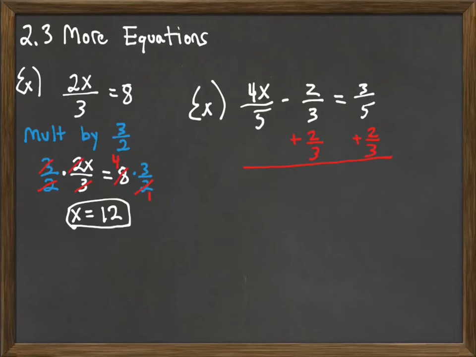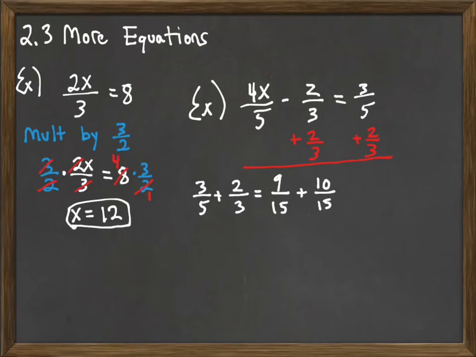Now the difference here is we've got some work to do. With 3/5 plus 2/3, most of us aren't going to just look at that and say the answer is such and such. We have to do some work. Remember, to add fractions, we need a common denominator, which would be 15 for 5 and 3.